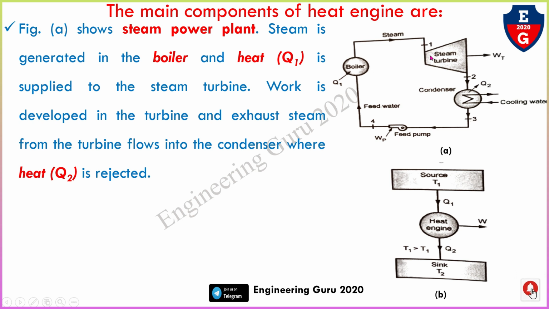Work is developed in the turbine and exhaust steam from the turbine flows into the condenser where heat Q2 is rejected. After this is your point 2. In the condenser, the heat Q2 is rejected. So this is in and this is out.